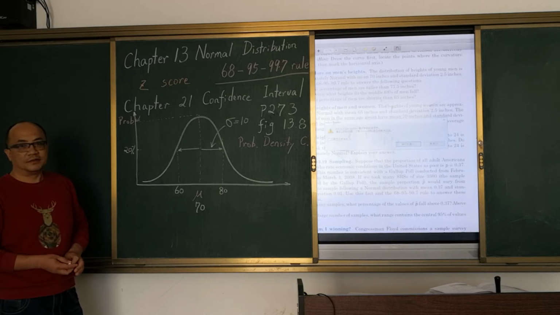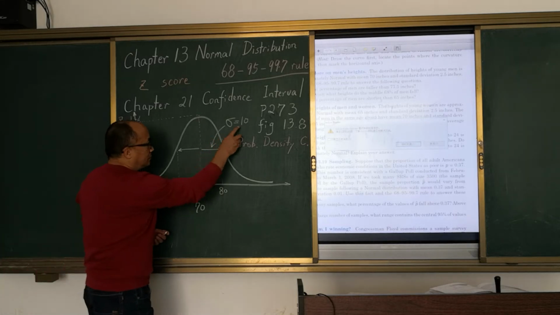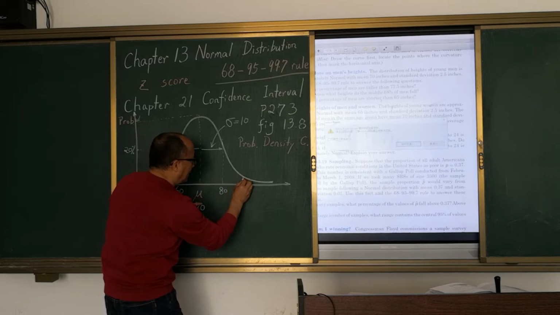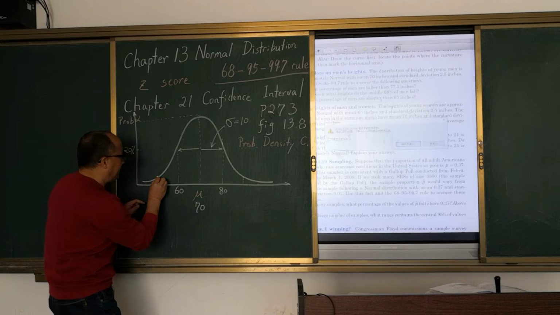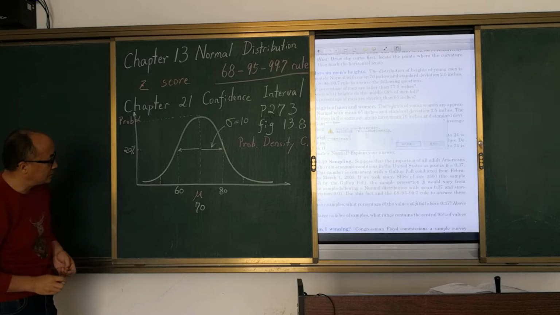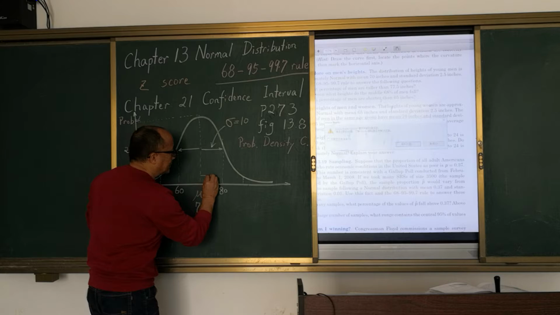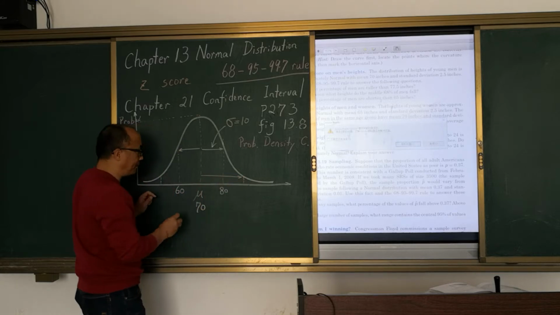Okay? And 2 sigma away, let's say here and here. Okay? The drawing is a little bit off. 2 sigma now is 2 sigma away.